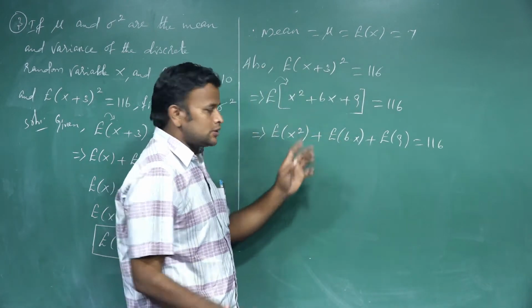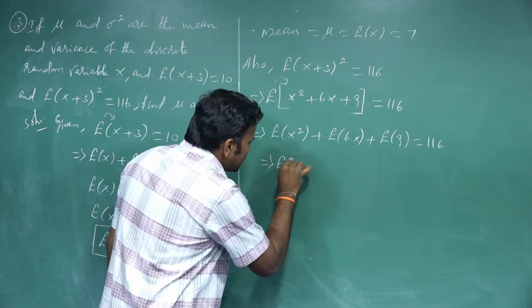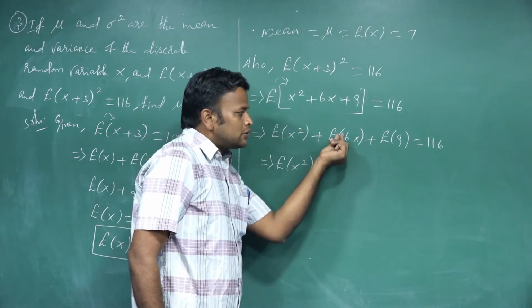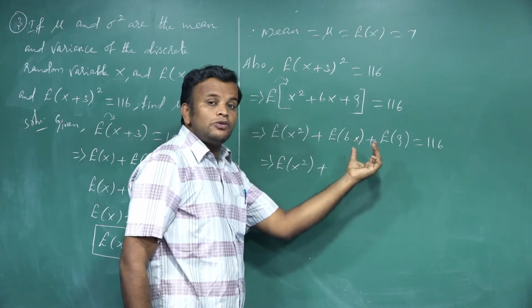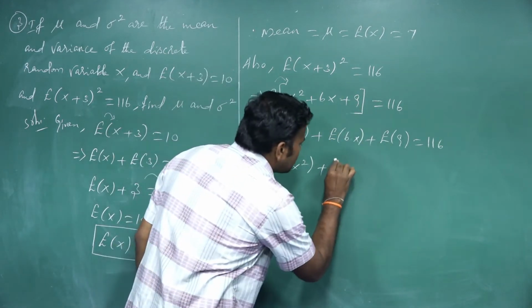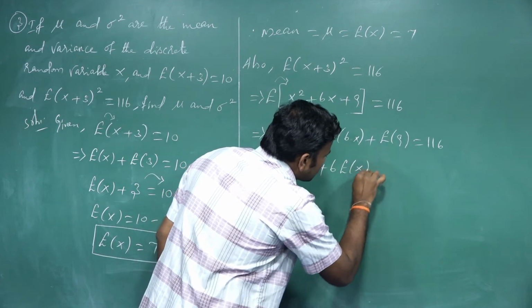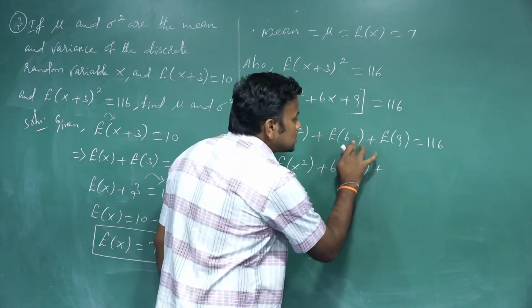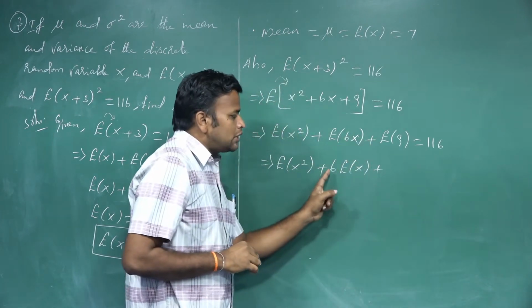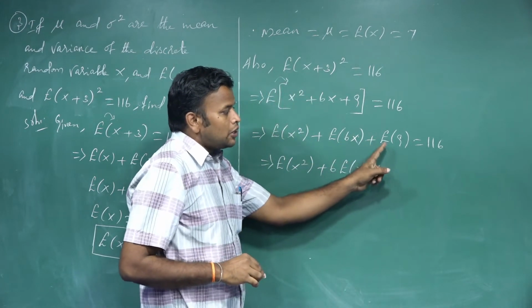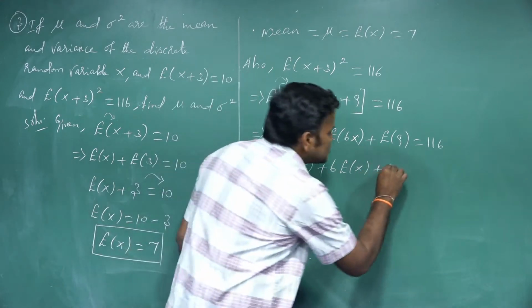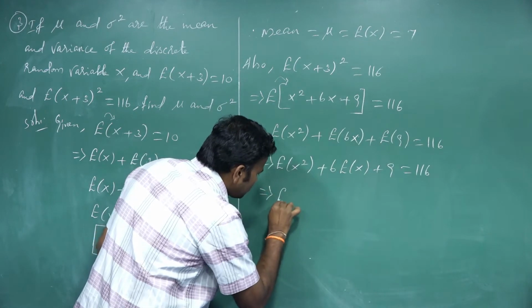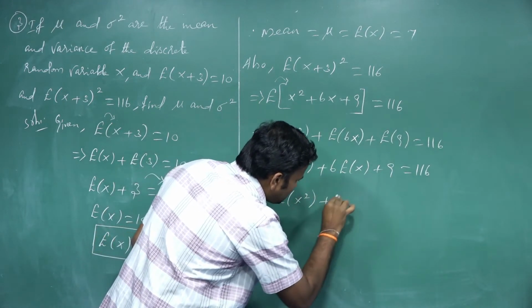So we write all the values. E of X square plus, in an expectation, if a constant and a variable are there, the constant is taken outside. So take the 6 outside. The remaining is E of X, so 6 of E of X, plus, we already said E of 9 is 9, is equal to 116. So E of X square plus 6.